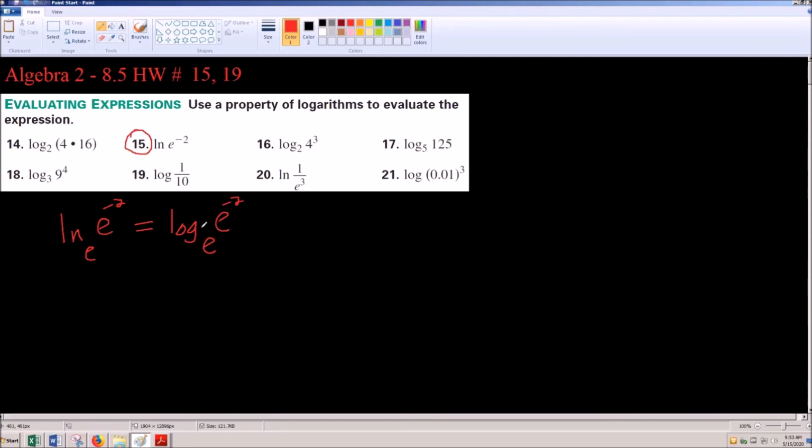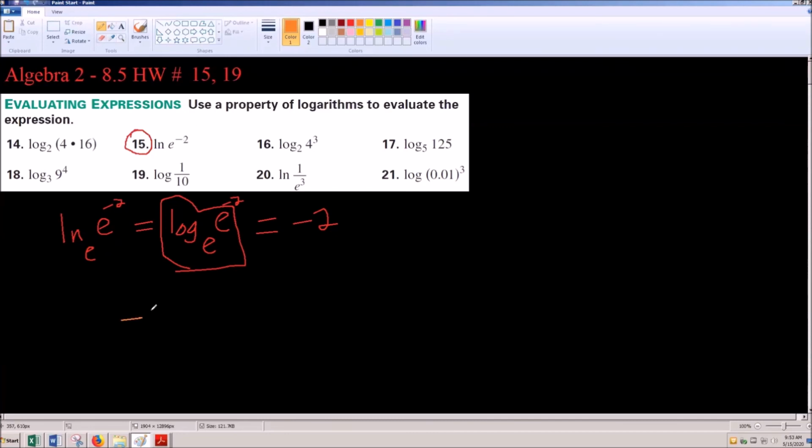The thing I'm trying to highlight here is that this has a base of e. So if I have log base e of e to the negative 2, you can basically just say this whole thing drops off, and all I'm left with is my negative 2. So that's the way that most people think about it. If that's not the way that you think about it, you could use the exponent rules as well. My exponent rules for logarithms say if I have an exponent, I can take my exponent and put it out in front.